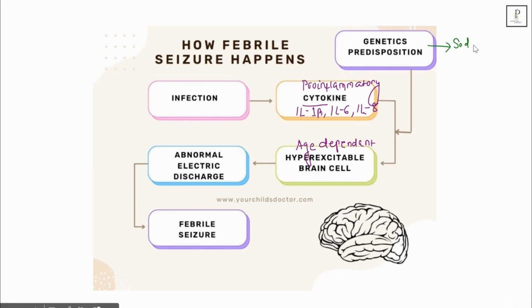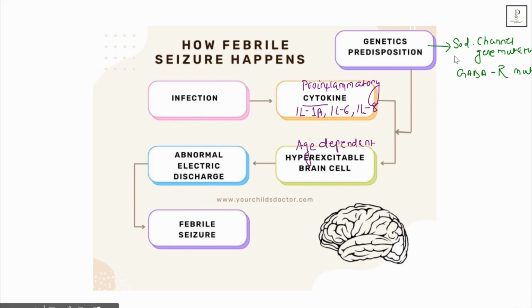For example, sodium channel gene mutation or GABA receptor mutation.